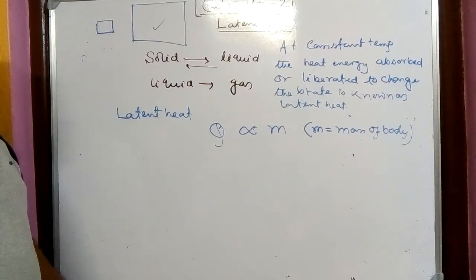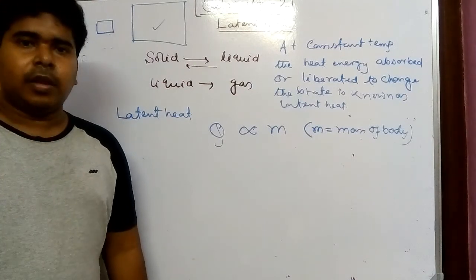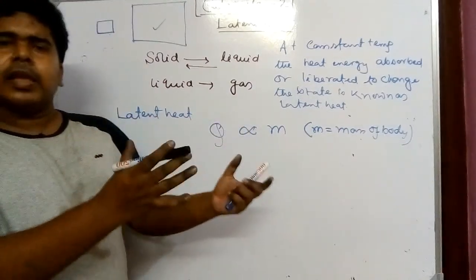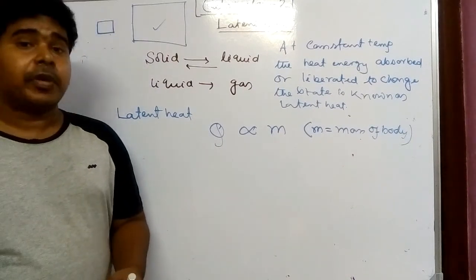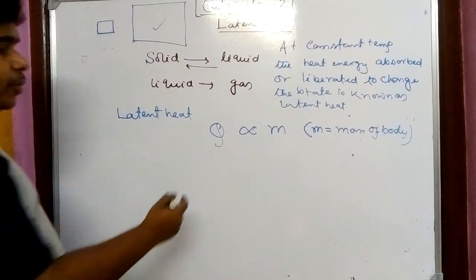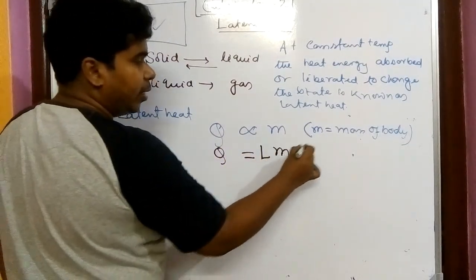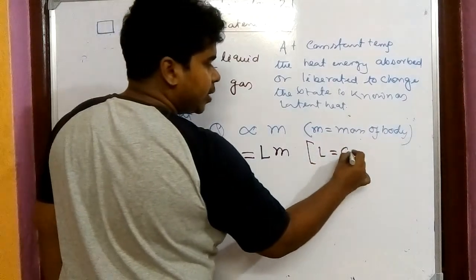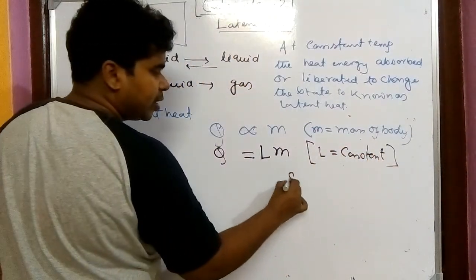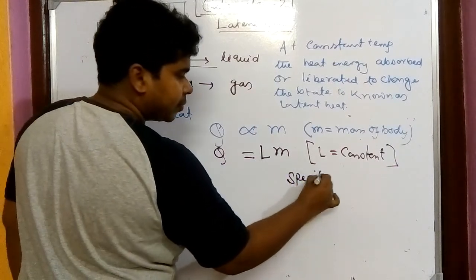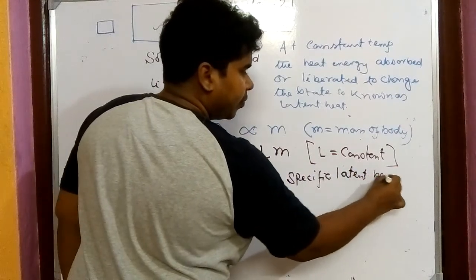But here also one thing has come. The heat energy needed for ice will be different if I take another solid substance. So here we have to take a constant, and that constant is L. This L is a constant, and its name is specific latent heat.